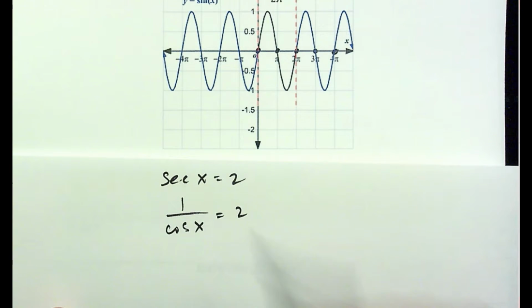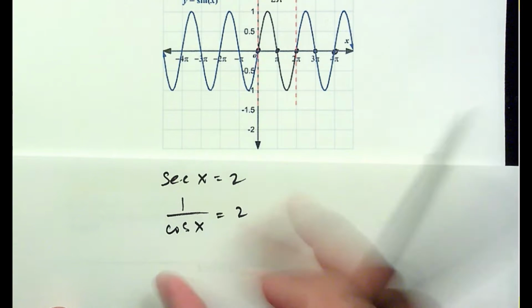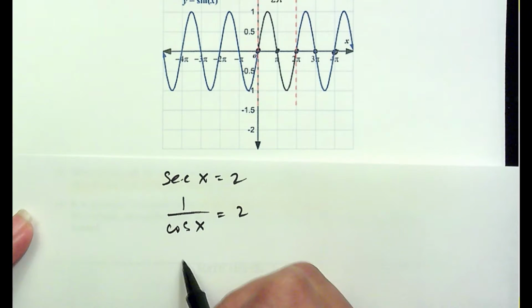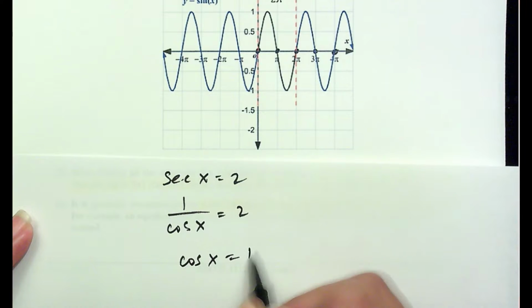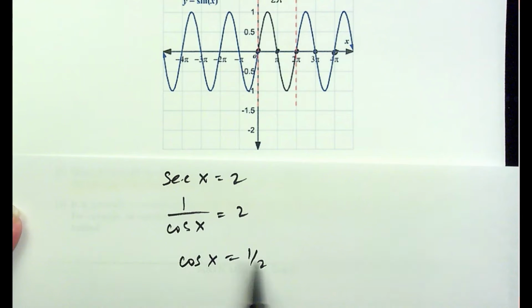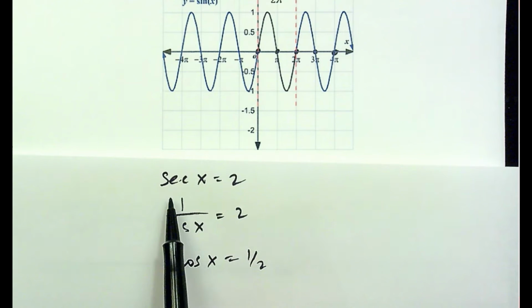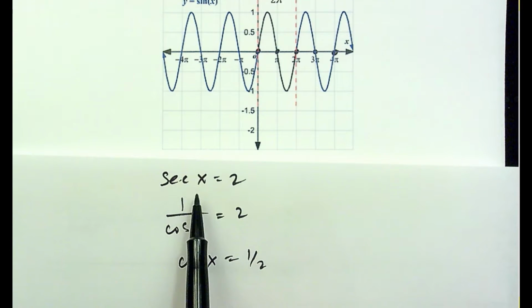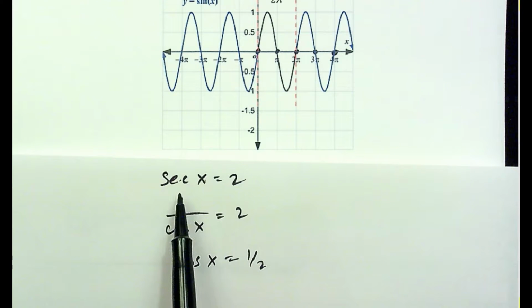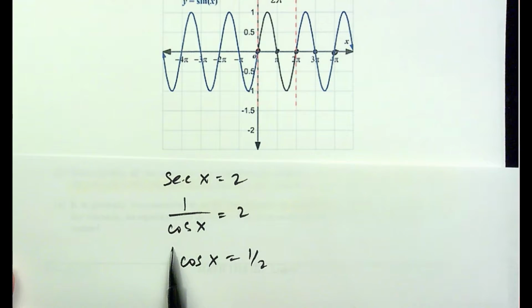And then if you take the reciprocal on both sides, so flip both sides, you would get that cosine of x equals a half. And this equation is actually much easier to solve than this one. We're more familiar in general with cosine and the values of the special angles than the values of the special angles for the secant. So that's why this is a lot better.